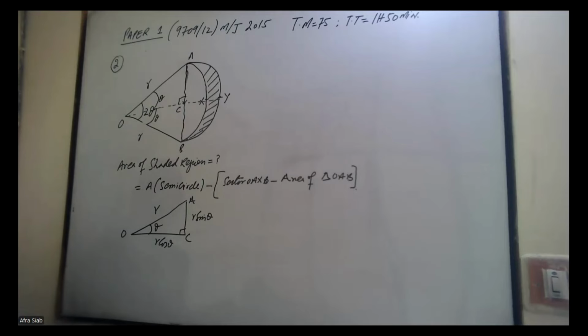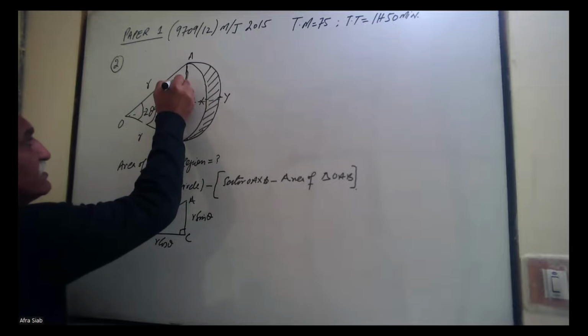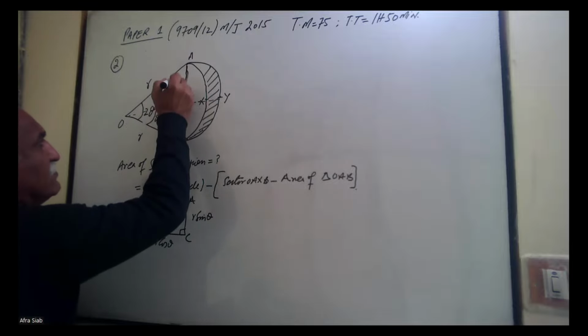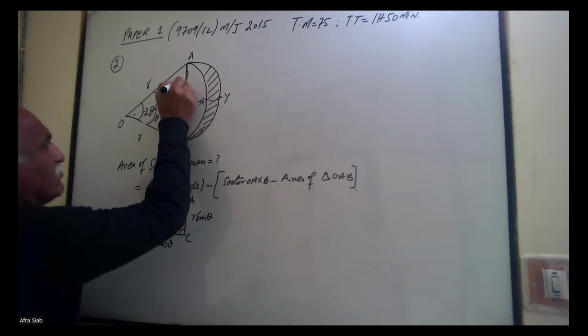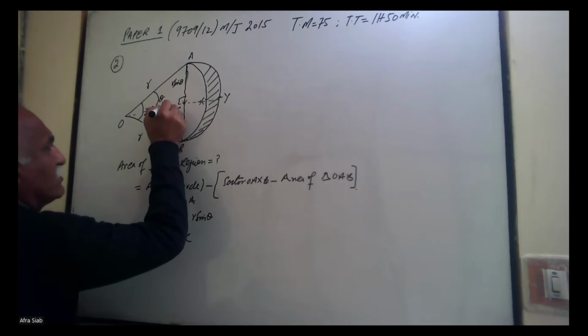So we have calculated AC is R sine theta, and this circle AYB is a semicircle, so its radius is equal to R sine theta. So this we can write as R sine theta, and this is R cos theta.